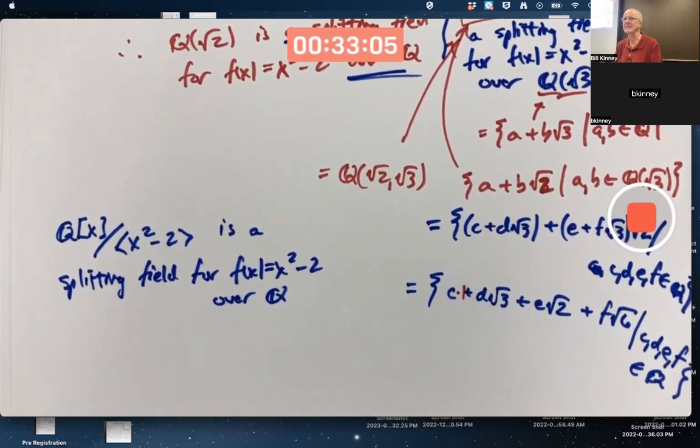I mean, for one thing, its elements are cosets, right? It's factoring. Its elements are cosets, not even numbers. But wait a minute. I thought splitting fields have to be field extensions.